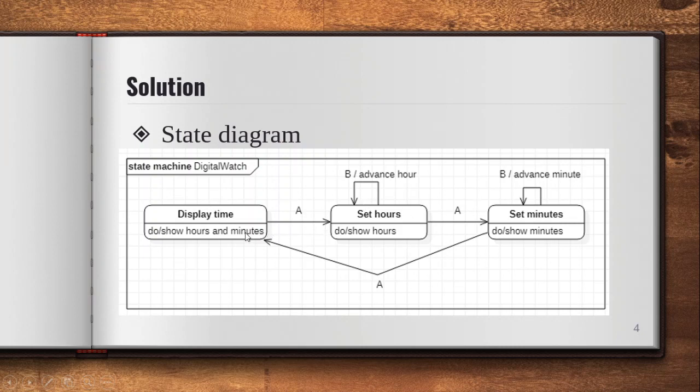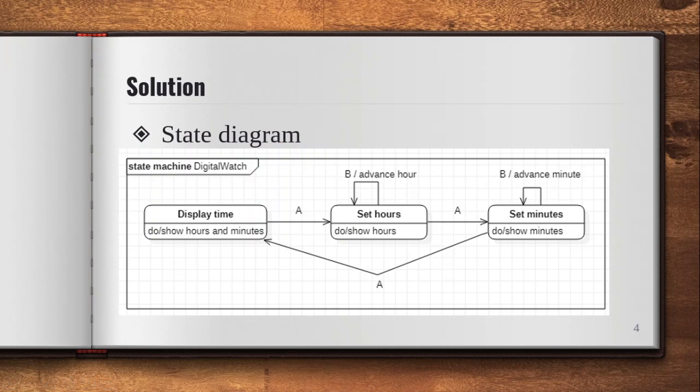The description first says to draw the state diagram for the digital watch, so that's why we use the name digital watch. In this there are two buttons, A button and B button, so we used two buttons for making the transitions between the states.